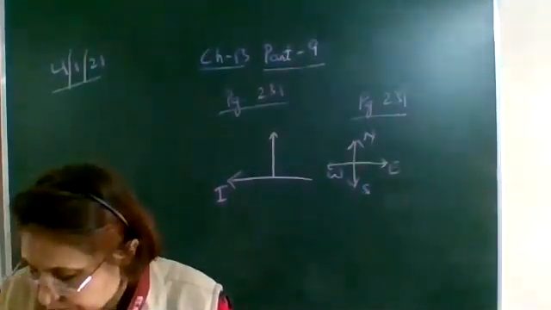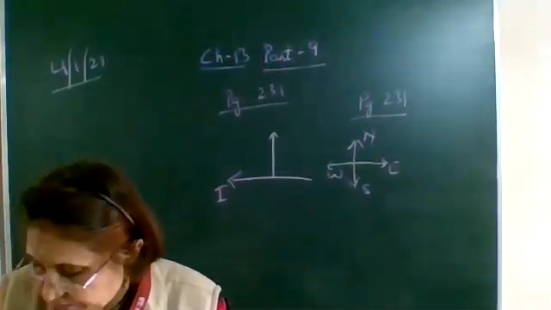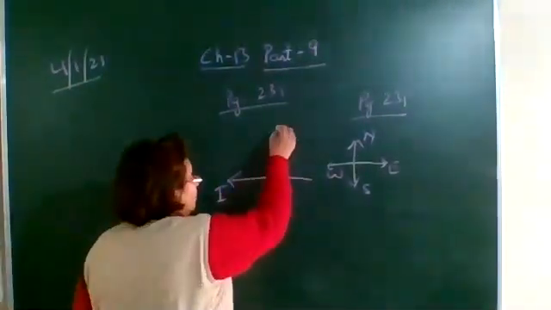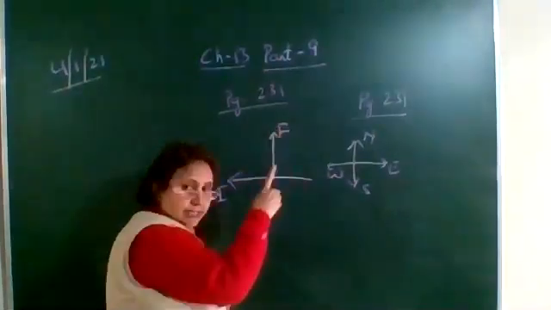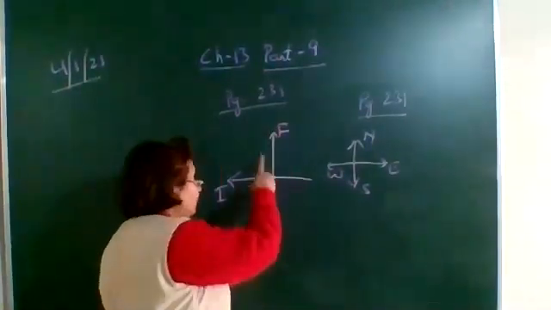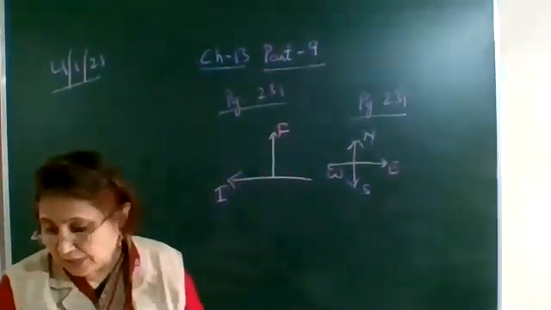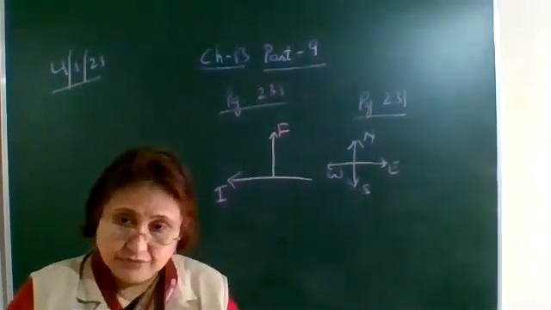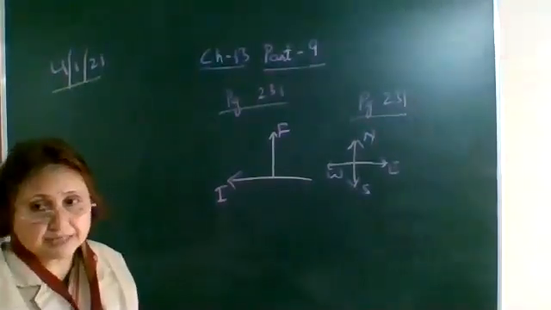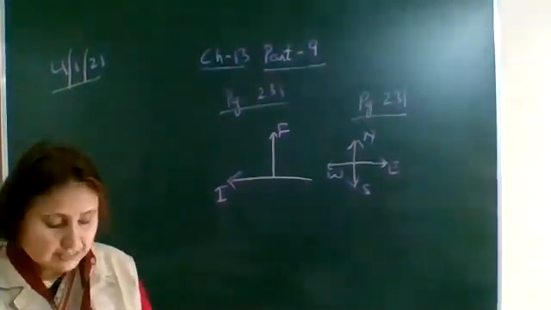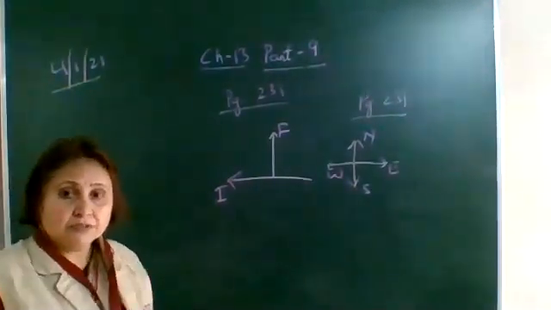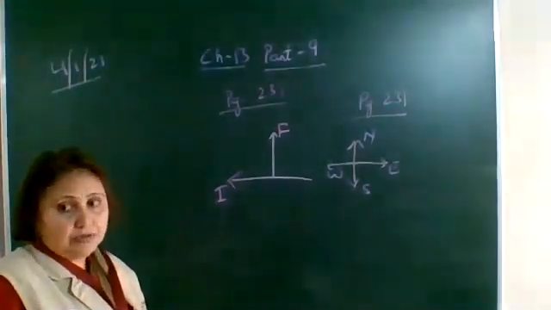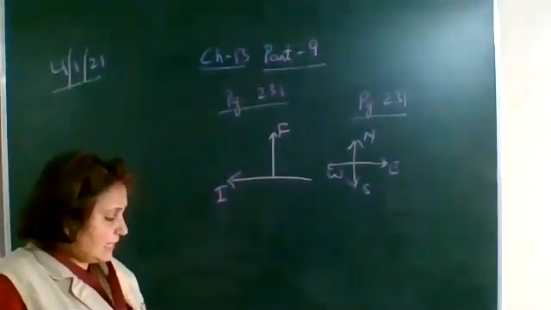Now here, it is deflected towards north. So the force is deflected means the force will be experienced, so the force is experienced towards north. Now here you have to find out the direction of the magnetic field. Use Fleming's left hand rule and try to find out the direction.